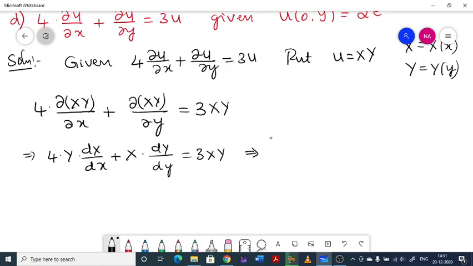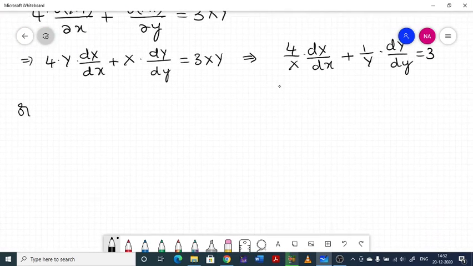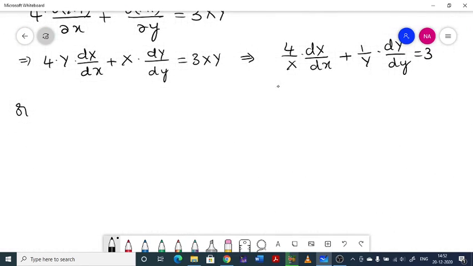Dividing both sides by capital XY, we'll get 4 by capital X into d capital X by d small x plus 1 by capital Y into d capital Y by d small y equal to 3. Or this I can rewrite as 4 by capital X d capital X by d small x equal to 3 minus 1 by capital Y into d capital Y by d small y equal to some constant k.